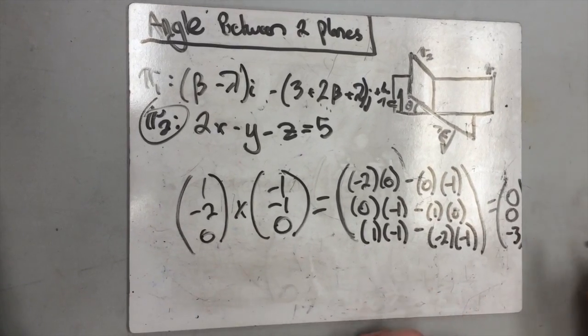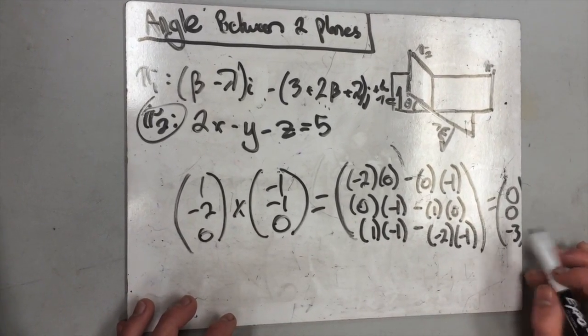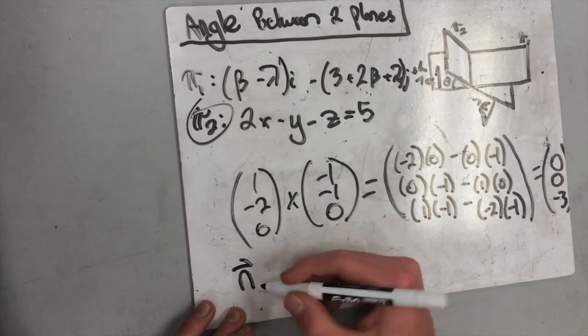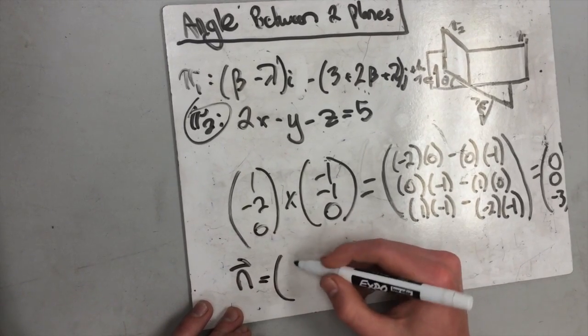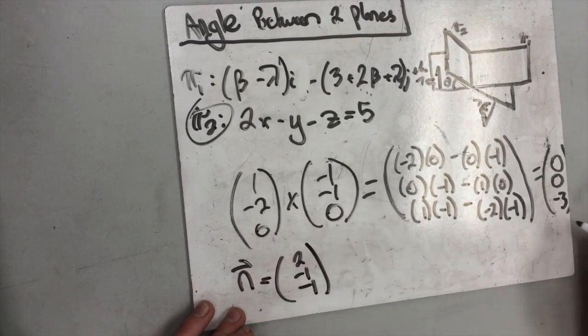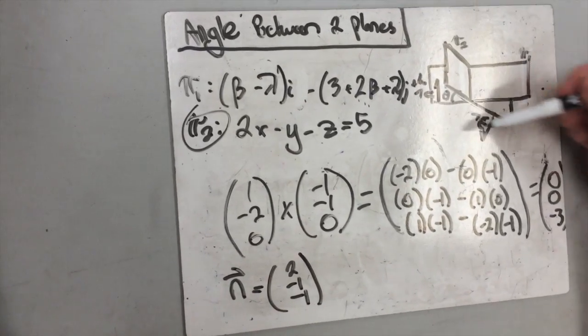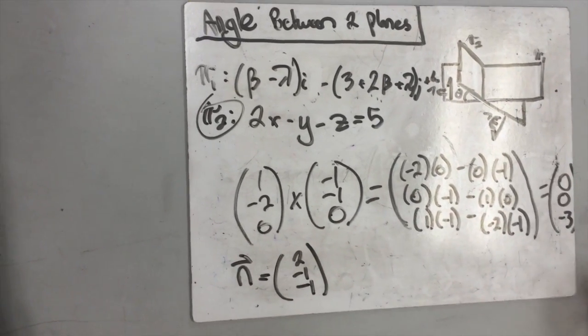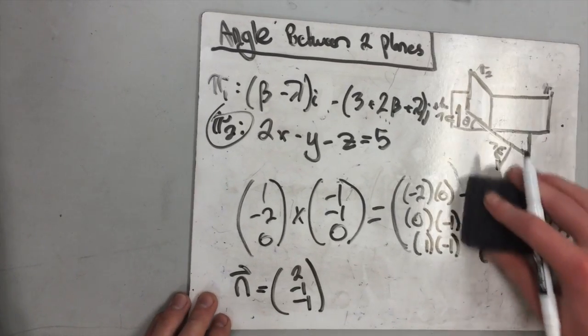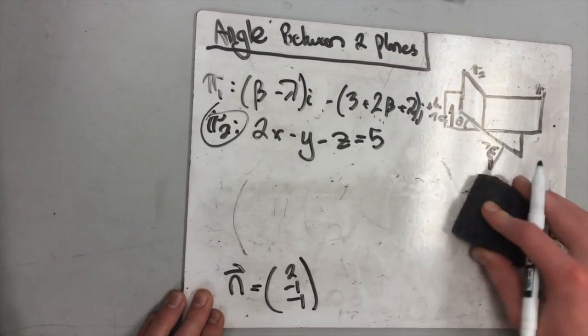Okay, and so now we're going to use this vector along with the one that we previously found, 2, negative 1, because this right here becomes your normal vector m right here. So we're going to use that and plug them into the equation.